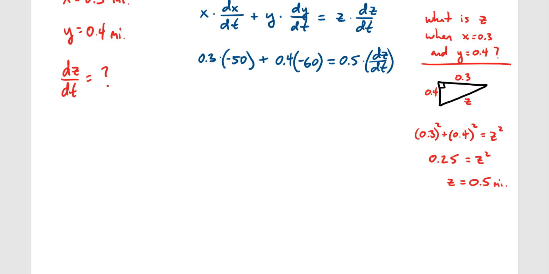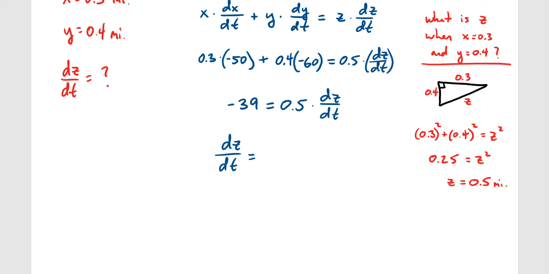Now we solve this for dz/dt. We should get negative 38 here on the left side of the equation when we compute all of that. So negative 38 equals 0.5 times dz/dt. Or actually, that should be negative 39. Now divide both sides by 0.5.